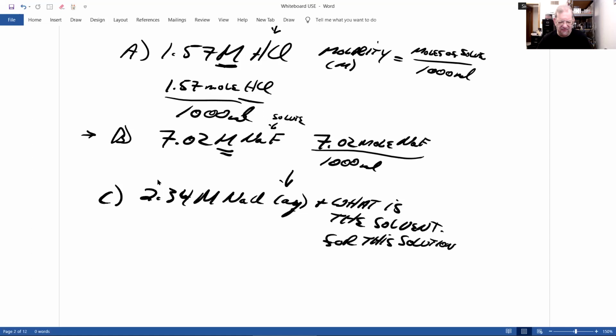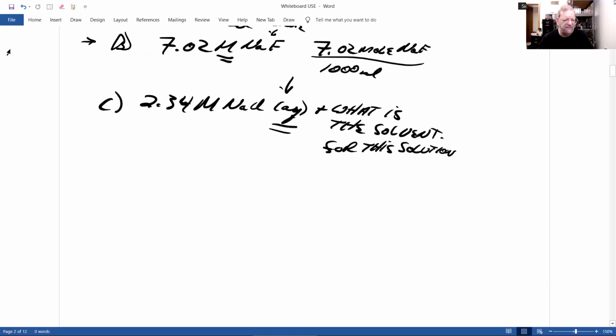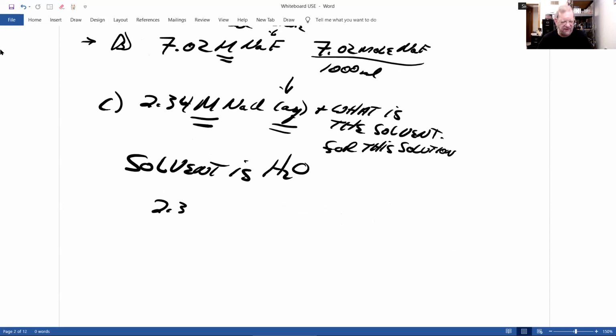If you notice here, bracket, AQ, close bracket, and that tells you the solvent is water. And capital M, molarity, 2.34 moles. And afterward, the solute after the capital M, NaCl per 1,000 milliliters. And I'll give you one to try.